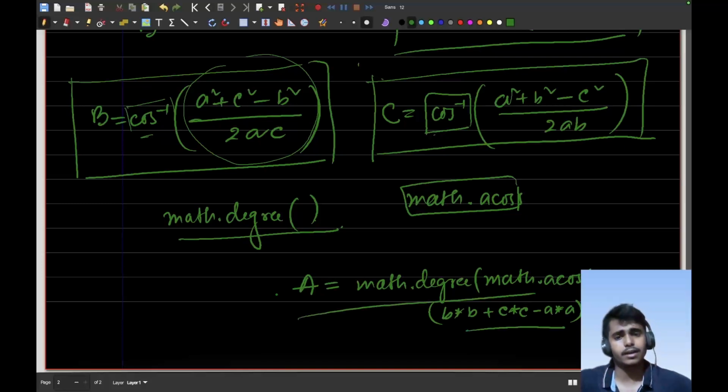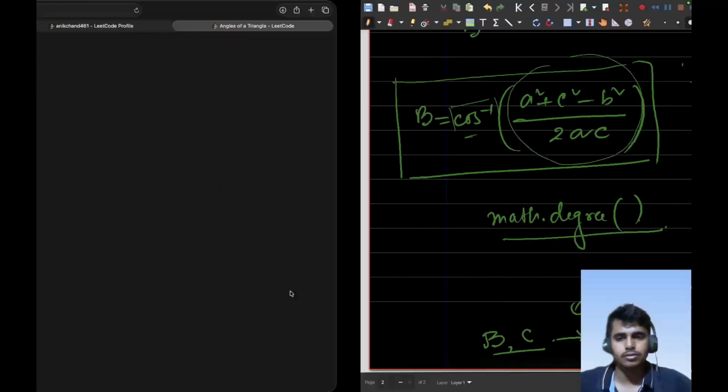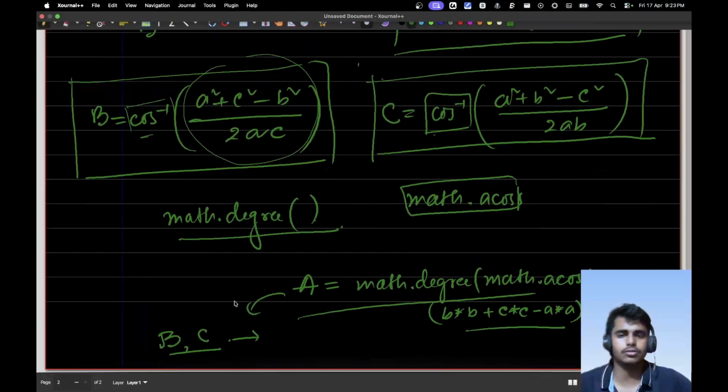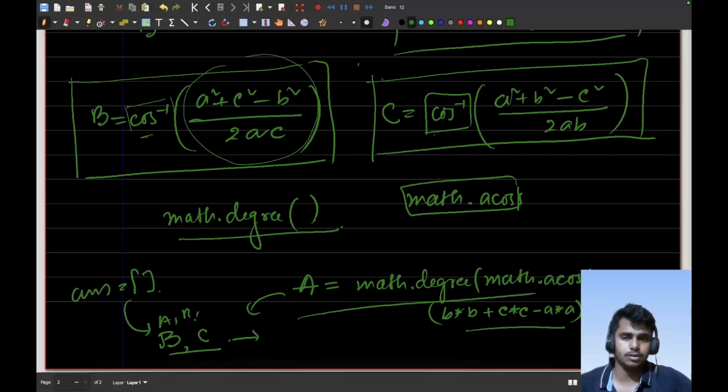This is the angle A, and in a similar way you can find B and C. After that, at last, to store these angles, just take a simple list, answer equal to this, and append A, B and C.